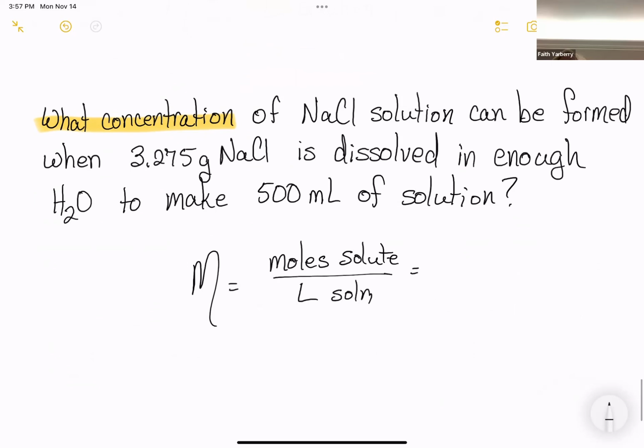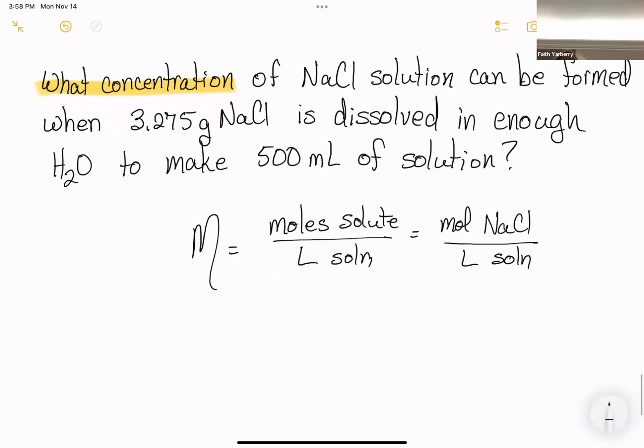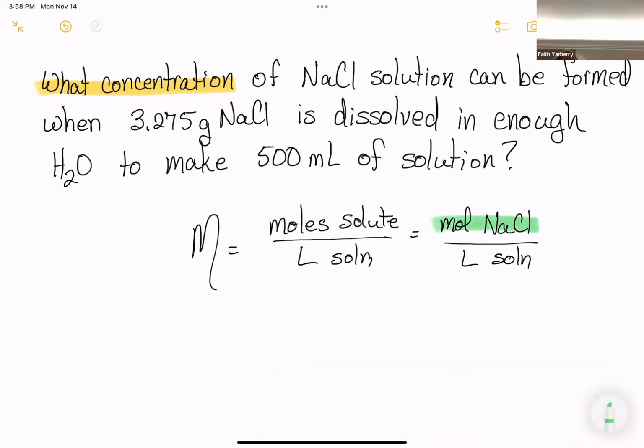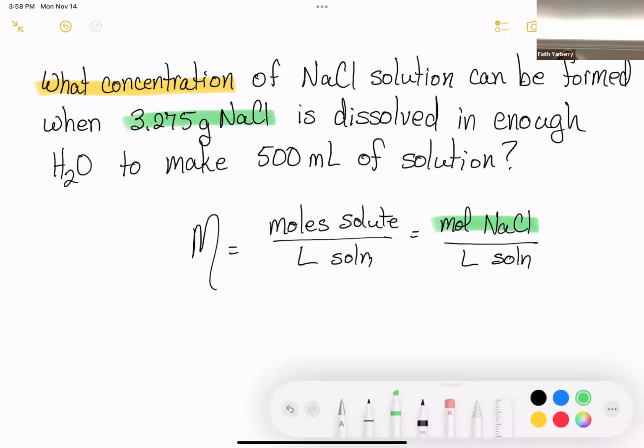Or in this case, it will be the moles of NaCl over the liters of solution. To get to the moles of NaCl, I will be using this grams of NaCl and converting it accordingly.